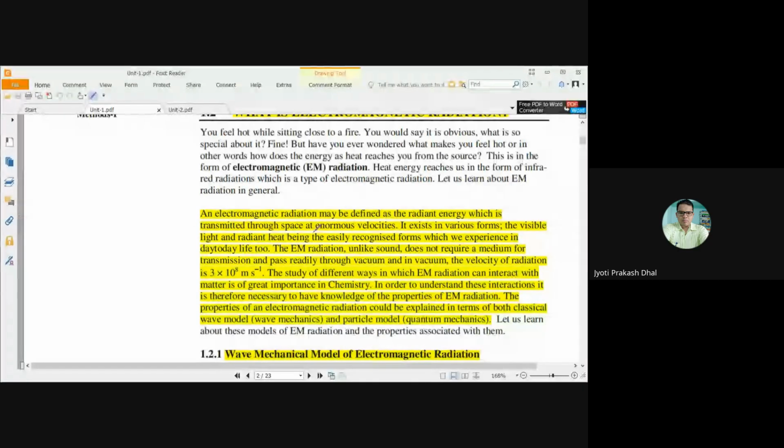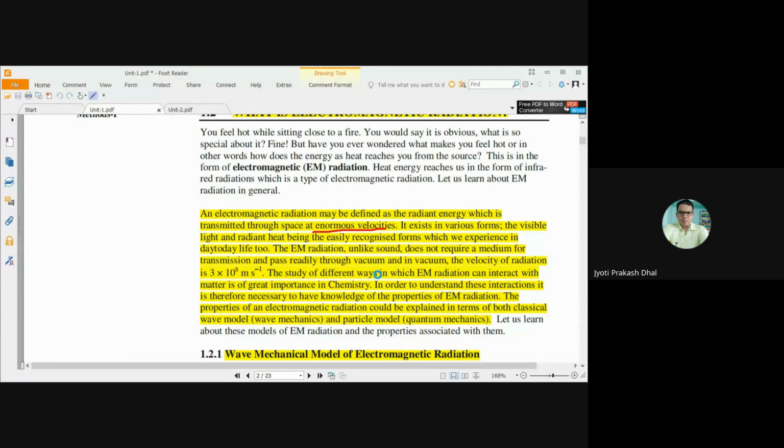Electromagnetic radiation may be defined as the radiant energy which is transmitted through space at different velocities. It exists in various forms like visible light and radiant heat, being easily recognized from our experience in our day-to-day life.